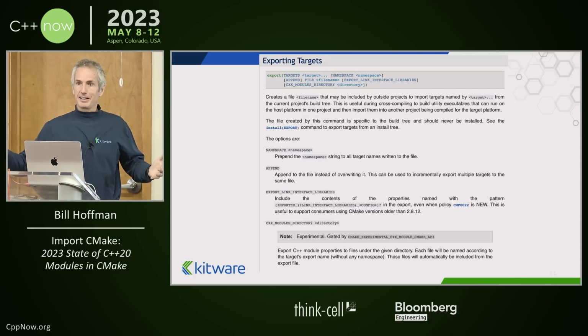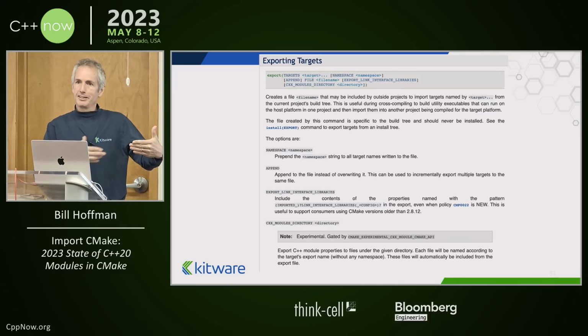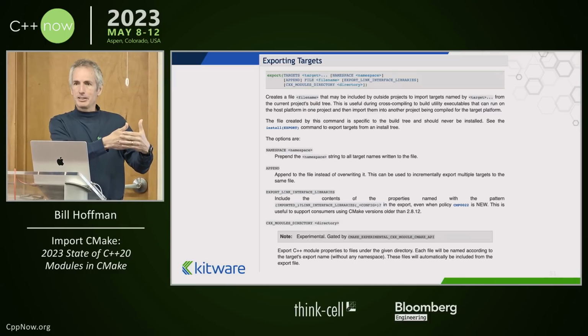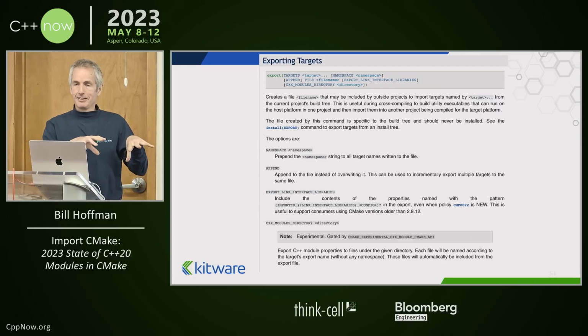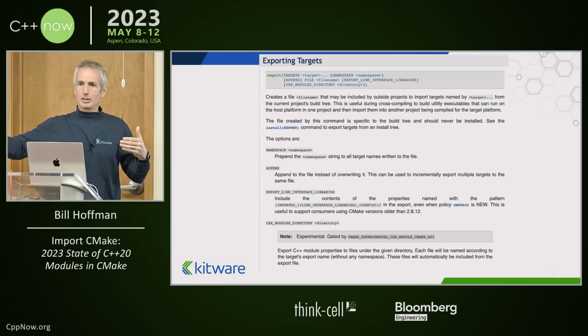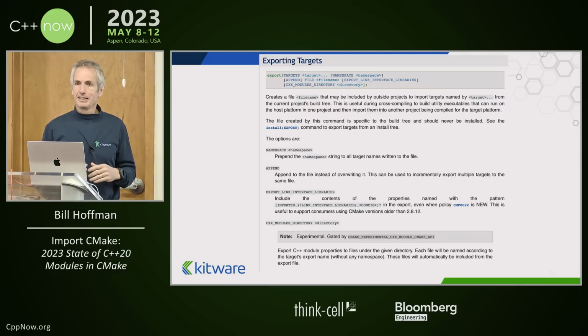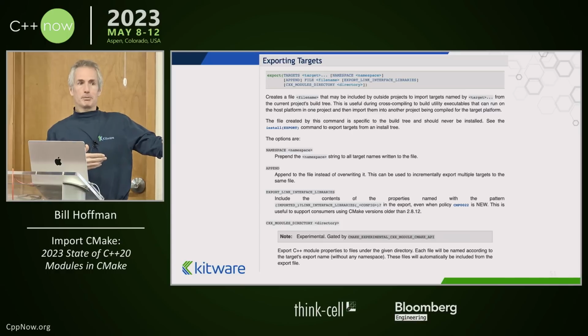So if you're cross-compiling, you'd want to do a build tree that built that wrapping tool in the host environment with the host toolchain, and then you'd have your cross-compile build tree, which would be on the target build, and then you'd want to be able to import those targets.